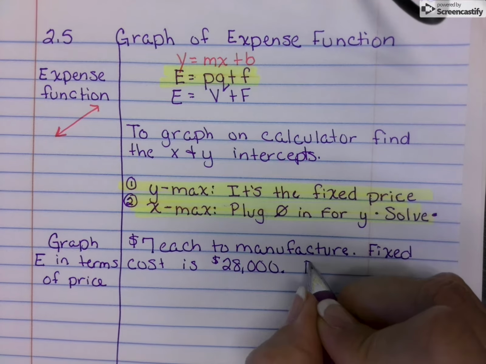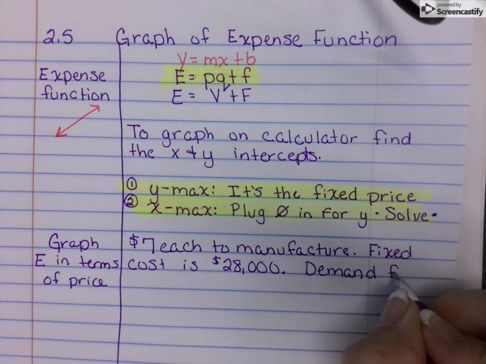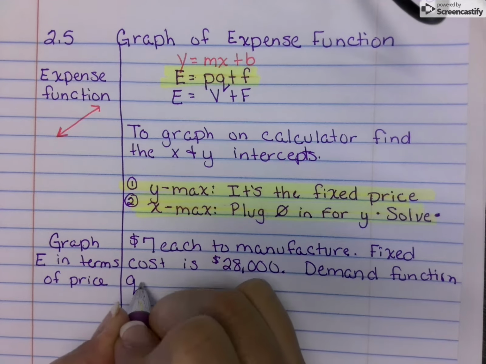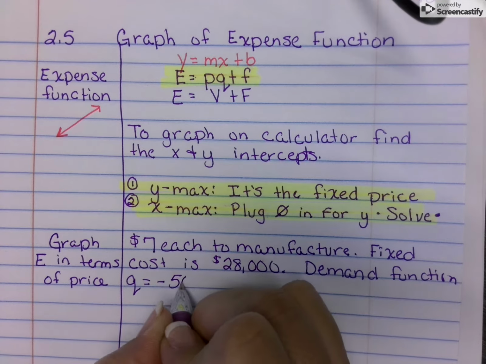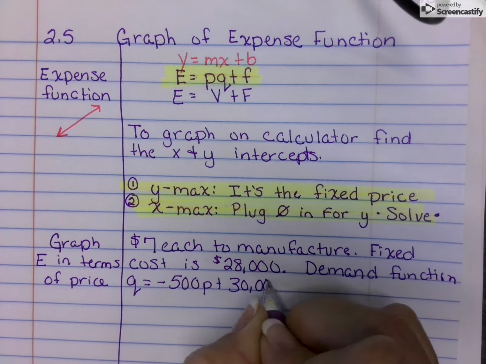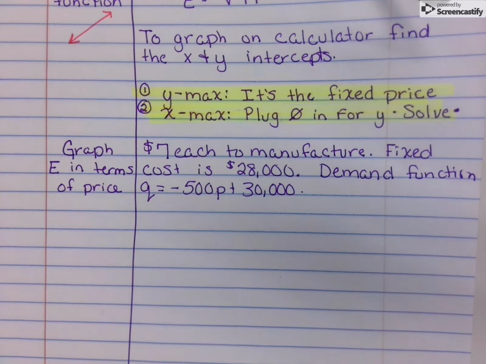And our demand function is Q equals negative 500p plus 30,000. So $7 to manufacture, fixed cost is 28,000.